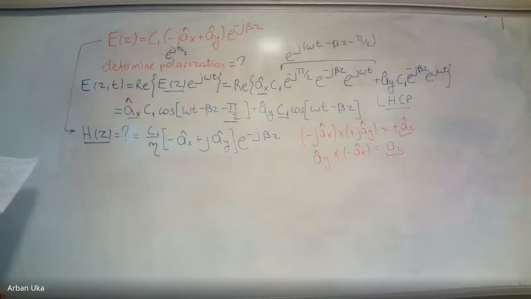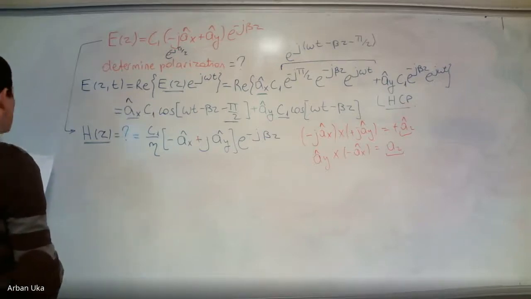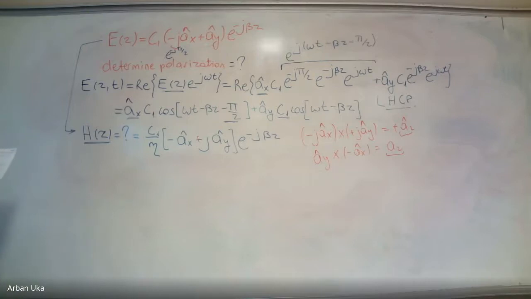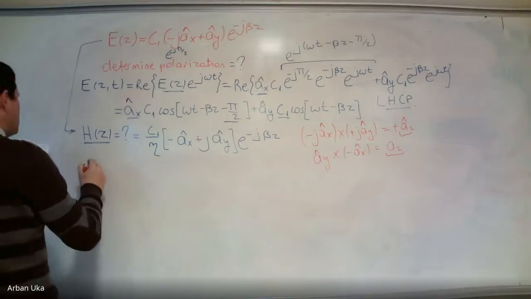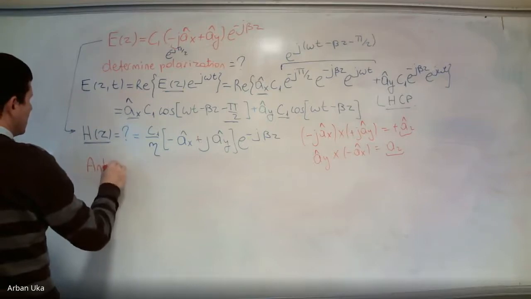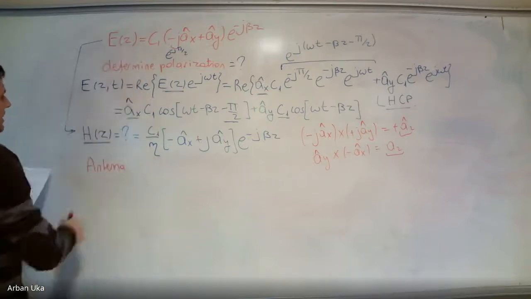Now another question that we could consider is the following. So this is just the wave itself, but we have not provided much information. Let's assume that this is an antenna, this signal, which has this electric field and this magnetic field.